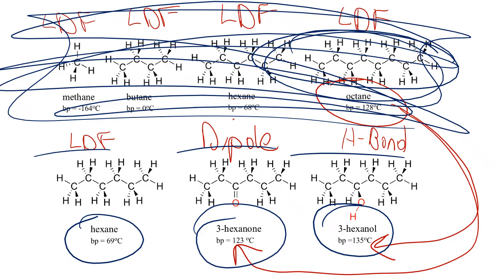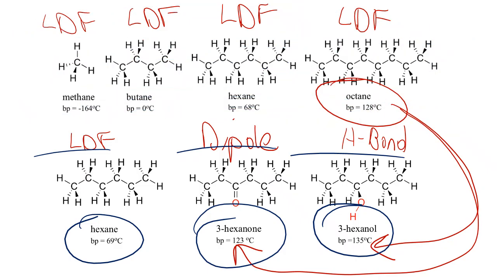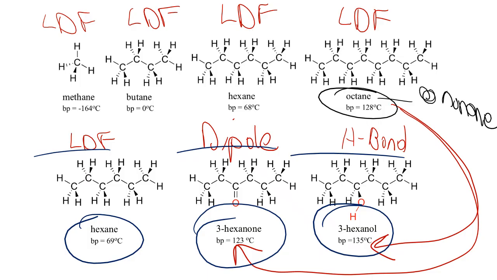However, if we continue to make larger compounds like the one above, like nonane, which is 9 carbons, then we could probably predict that that boiling point is going to be higher than something with H bonds. So again, if that didn't make sense, probably rewatch that and make sure you follow.